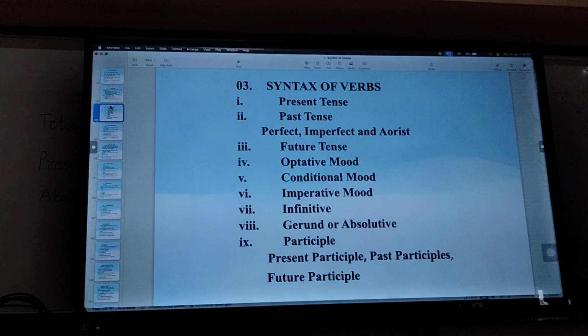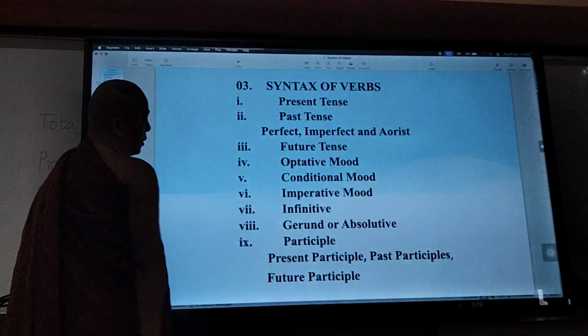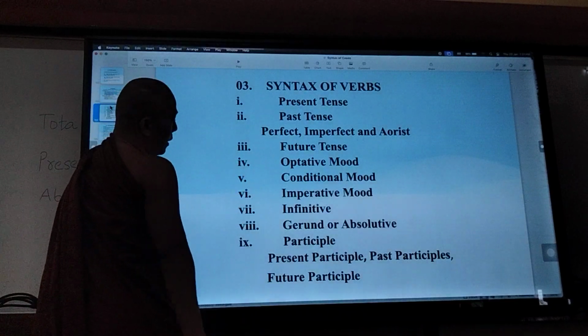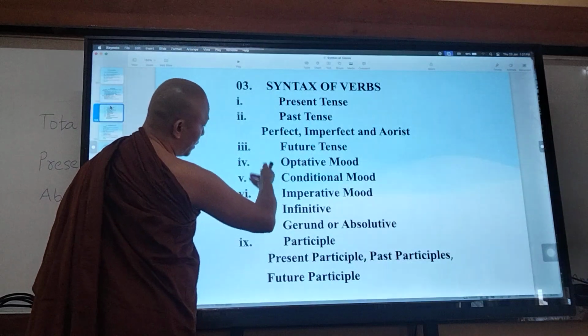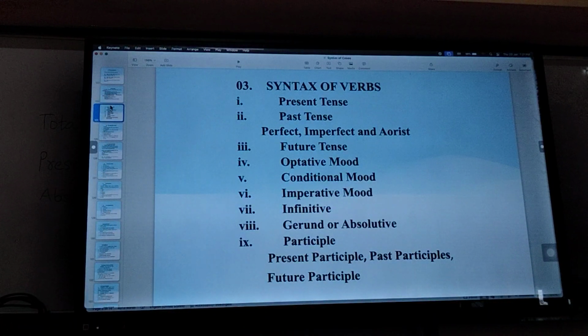Past tense, actually in Pali grammar, like the verb tense, imperfect. And also future tense, we have already learned the optative mood, conditional mood, imperative mood. And also these are main verbs or final verbs.